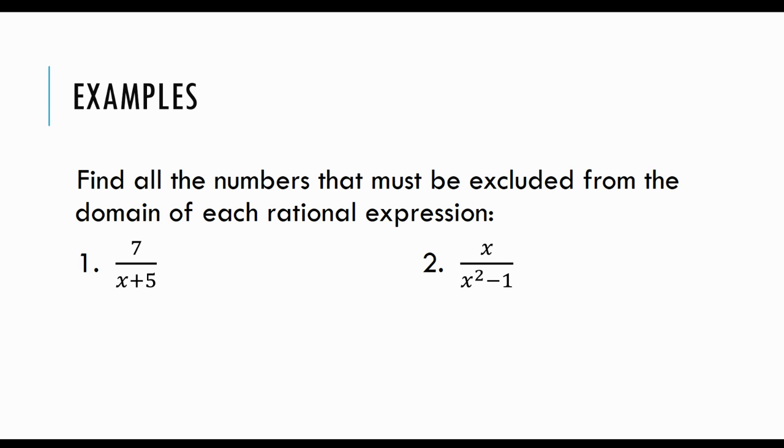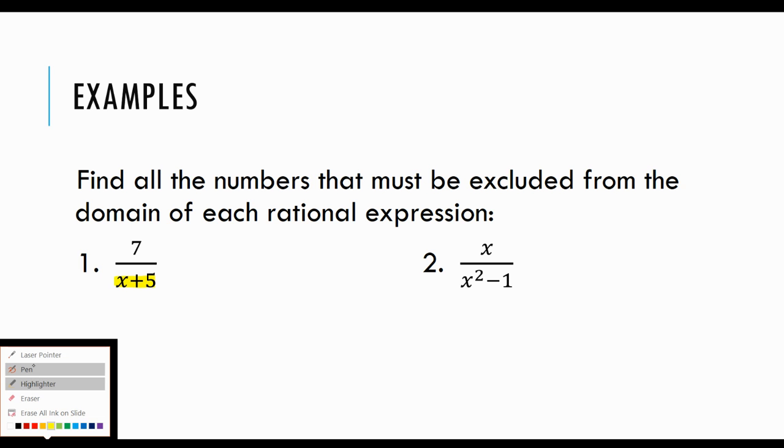All right, so let's look at a couple of examples. It says find all the numbers that must be excluded from the domain of each rational expression. So when I'm looking at this first one, I have 7 over x plus 5. To determine what my excluded values are, I look at my denominator.